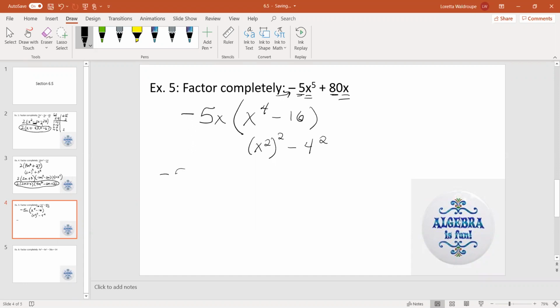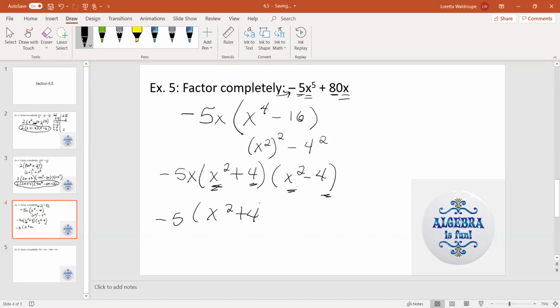We still have our negative 5x, and according to the difference of squares formula, the first plus the second, the first minus the second. Now, before you consider this done, if you look, you notice these parentheses have perfect squares again. Remember, we said the sum of squares is prime. You can't factor it on down.